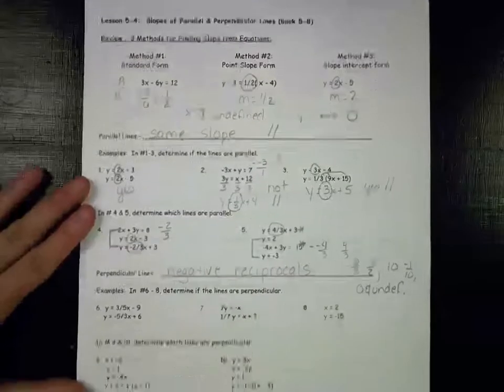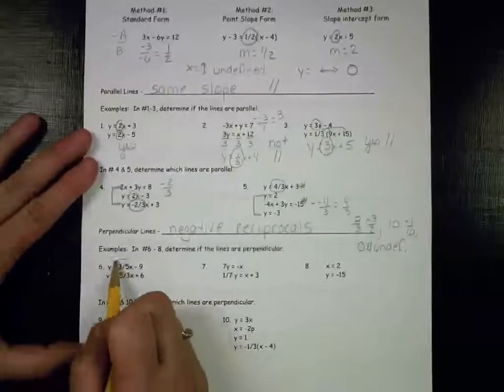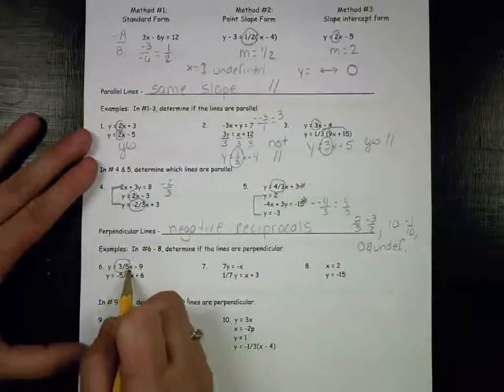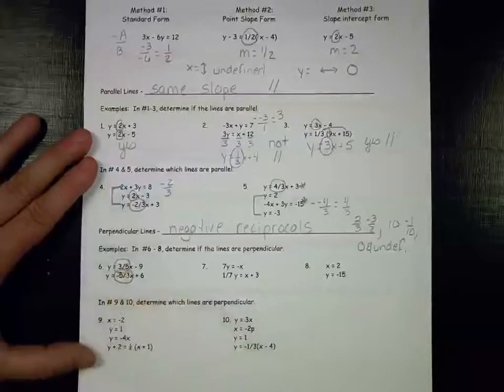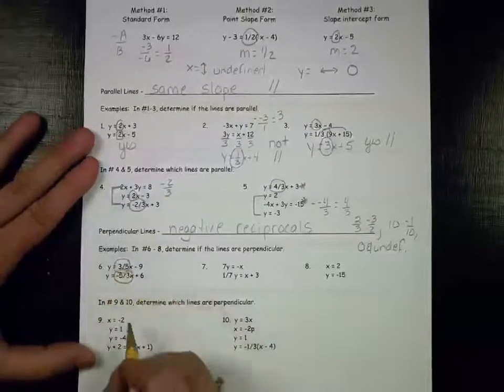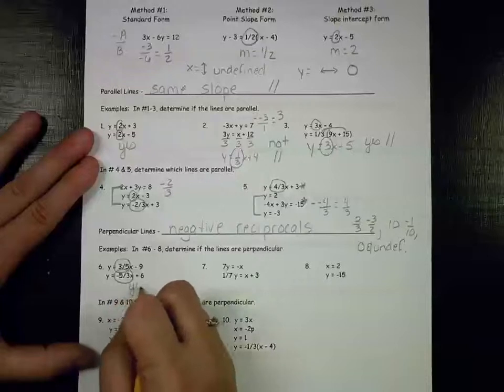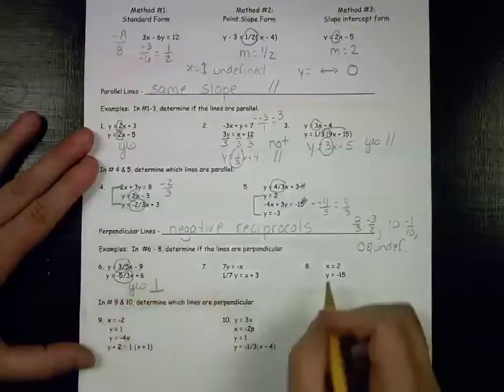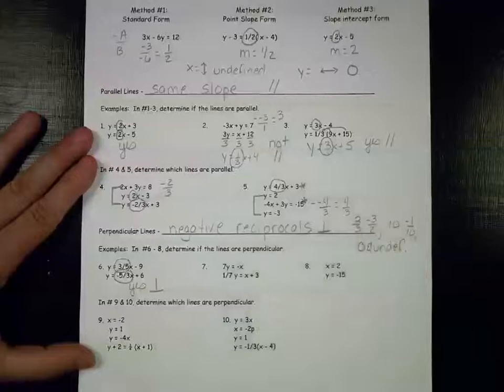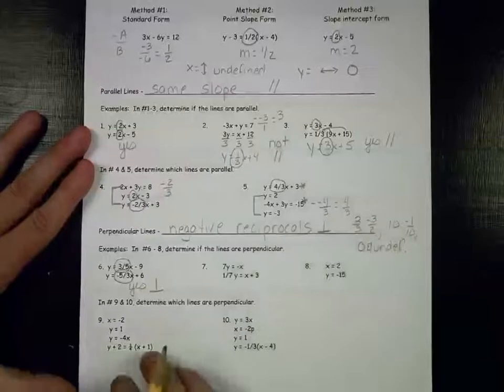Looking at number 6, slope of this line is 3/5. Slope of that line is -5/3. So yes, those are perpendicular. And the upside down T is your symbol for perpendicular.